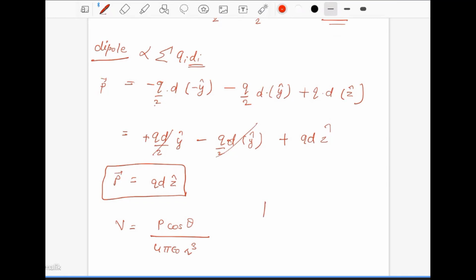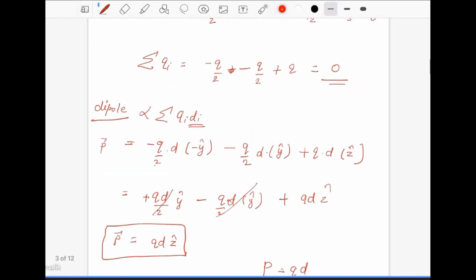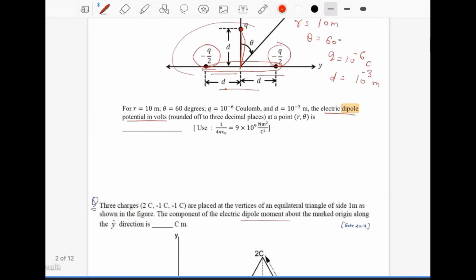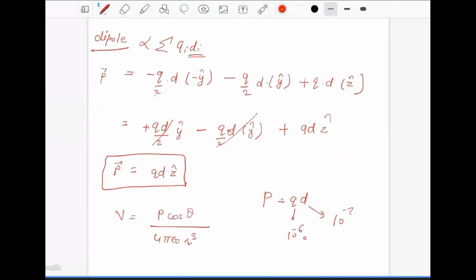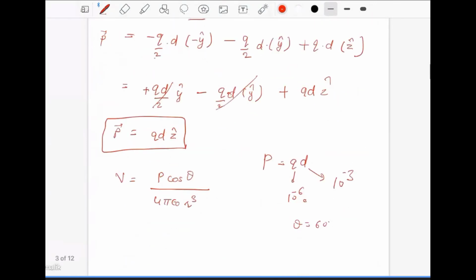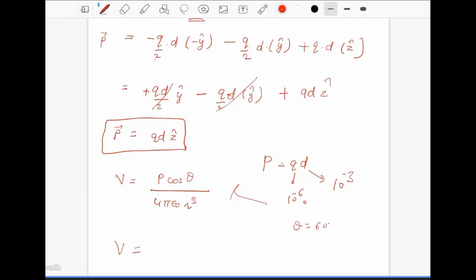We are given p, which is q into d. Q is 10 raised to power minus 6 coulomb, and d is 10 raised to power minus 3 meter. Theta is 60 degrees. We put all these quantities here, and the potential V is then calculated as 10 raised to power 9 times q d cos 60 divided by r cube, 10 meters cube.